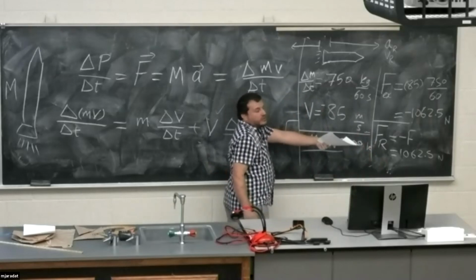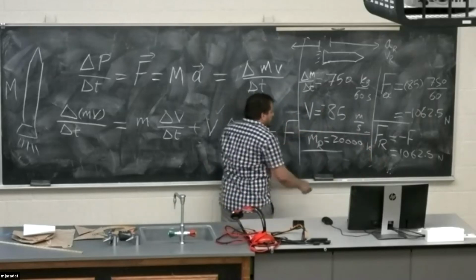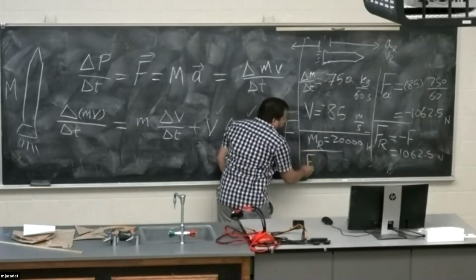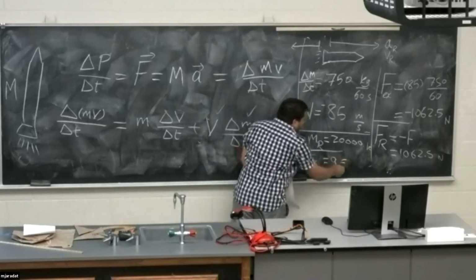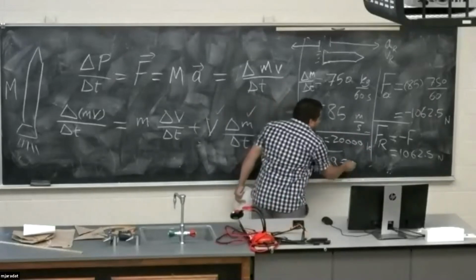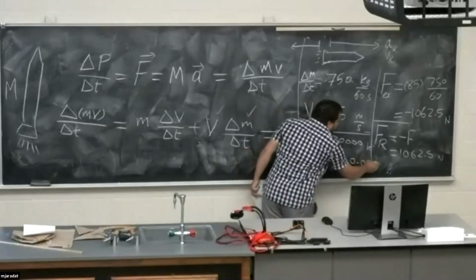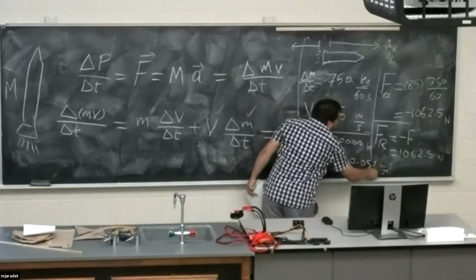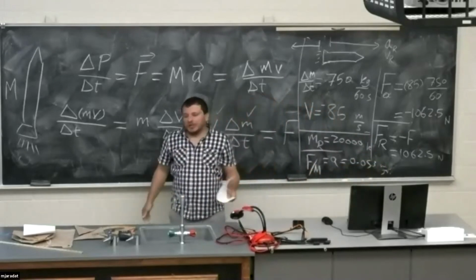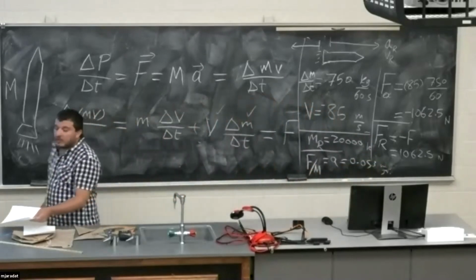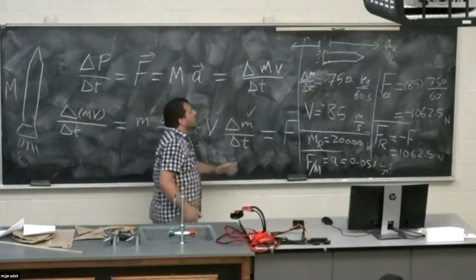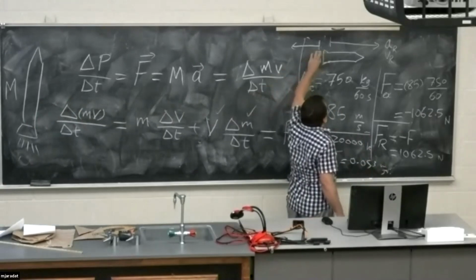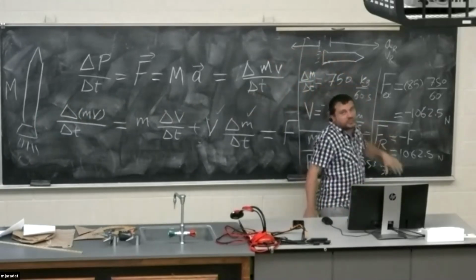Just divide the force by the mass, F over the mass is equal to acceleration, which is equal to 0.053 meter per square second. Accelerated slowly. If we need to increase its velocity more and more, we need to fire more material outside from this rocket.